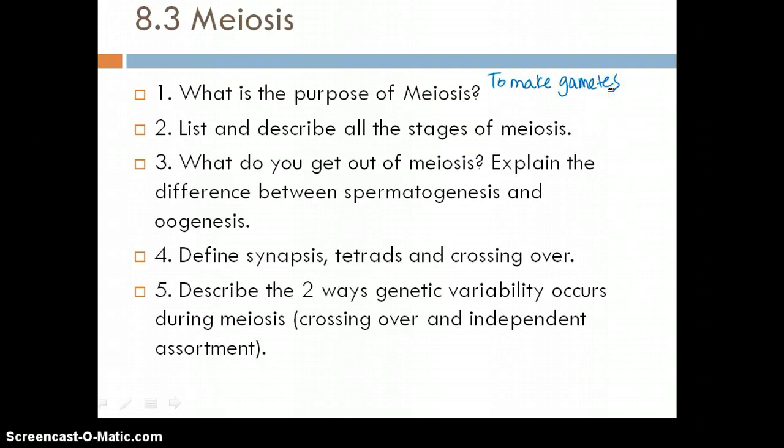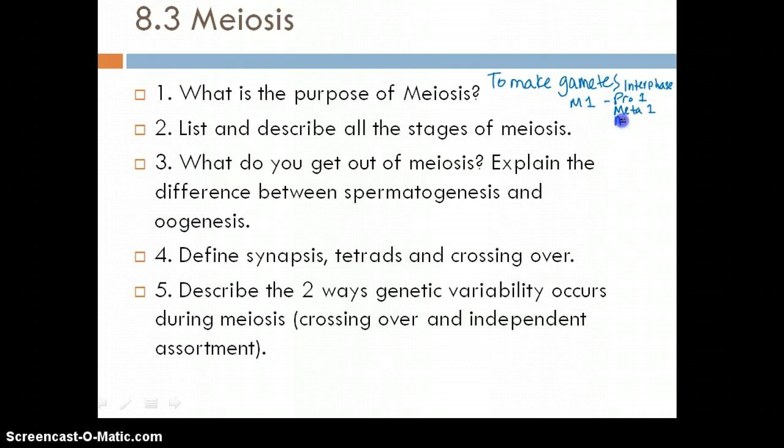List and describe all the stages of meiosis. So they're the same as mitosis, except they do it twice. In meiosis 1, we have prophase 1, metaphase 1, and we have interphase prior to all that because we have to make a copy of the DNA.